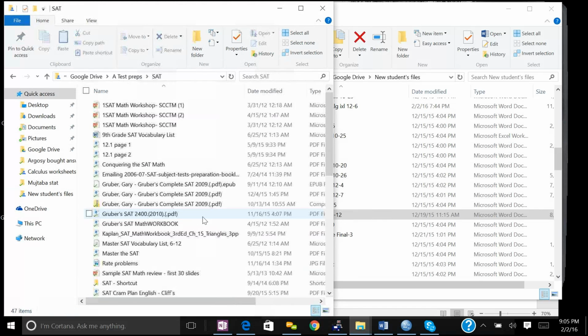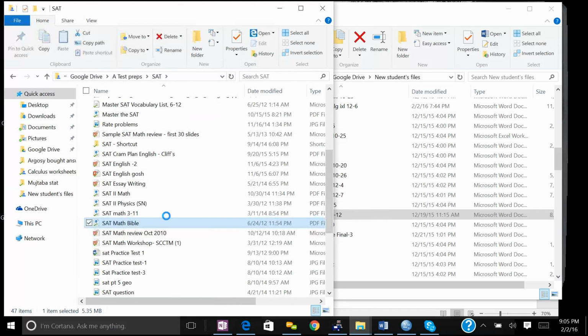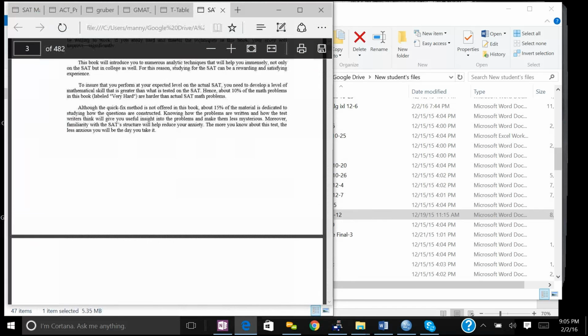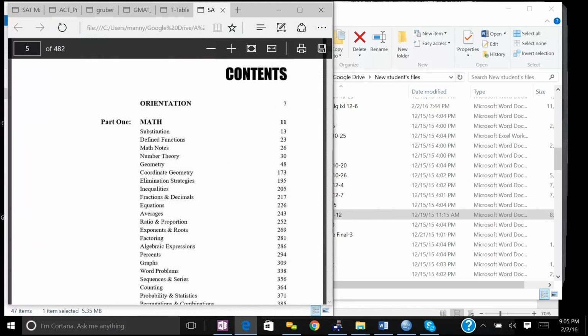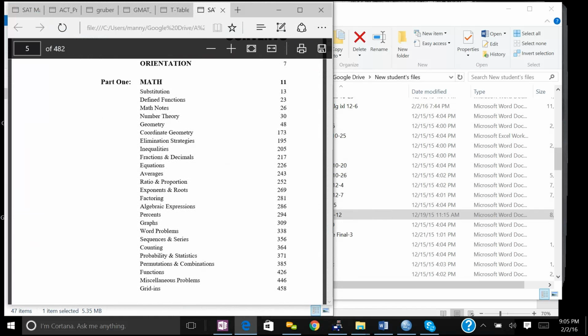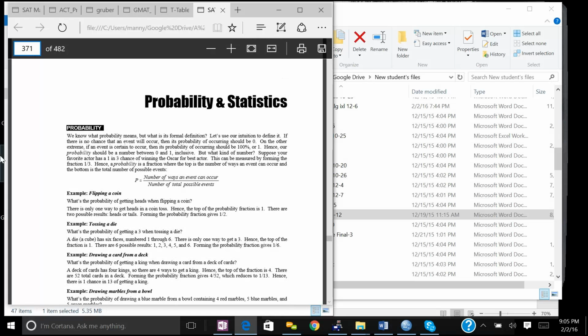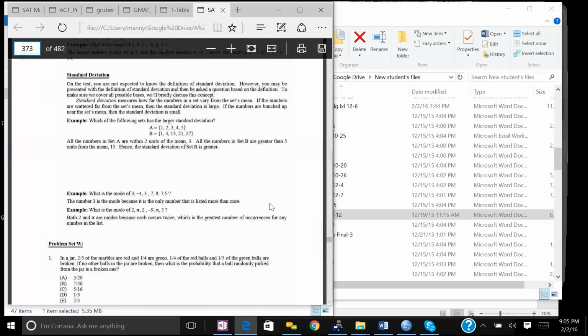It's going to be a classical Bible book. It has awesome probability questions. Okay, great probability questions. The best I've ever seen. 371. So let's start here.